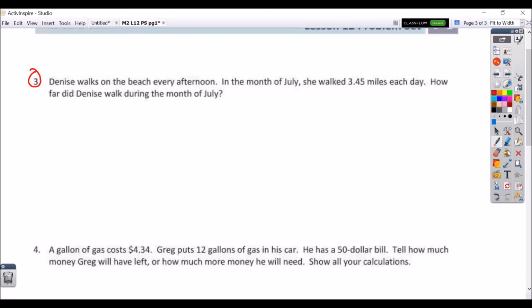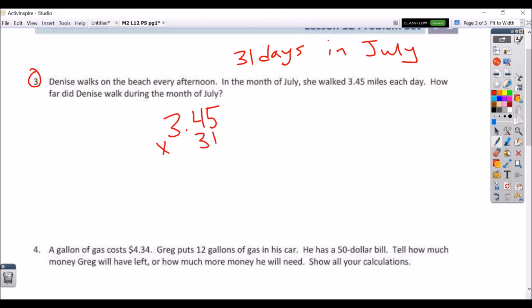Now this requires some month knowledge. How many days does July have? Now, I honestly can't remember the poem that people say to remember the days, but I do know that July has 31 days. So she walks 3.45 miles each day, and you're going to be multiplying that by 31 days.